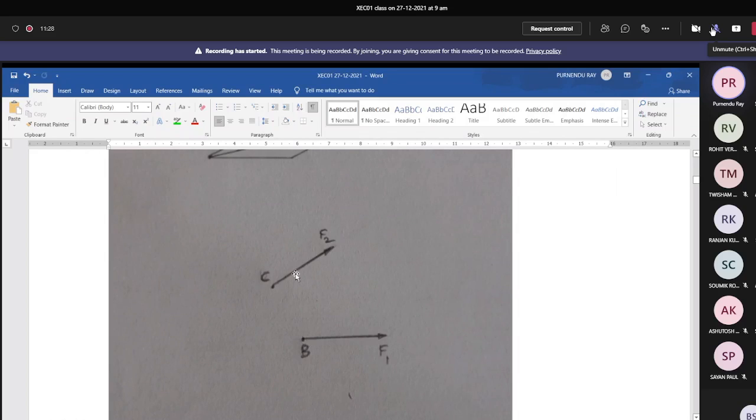We can shift this point C to another location, suppose these are overlapping, and we can consider that minus R force, that is the equilibrium force or the third force, it may be F3, whatever it may be. F1 plus F2 plus F3 is equal to 0, giving us that equilibrium situation. So in that case, we can draw three lines, one along F1, other along F2, and the third one along the equilibrium force or F3 or minus R, whatever you like to call it.